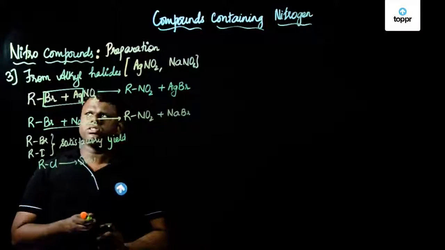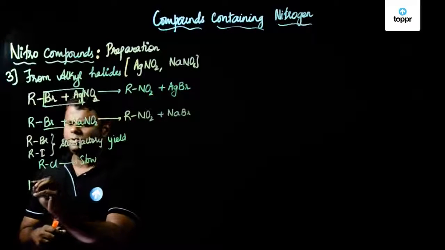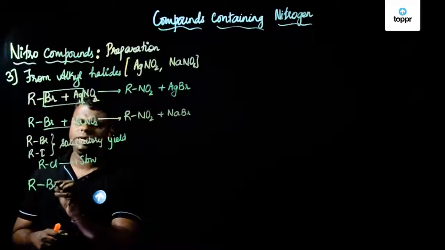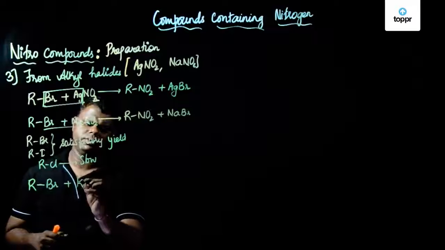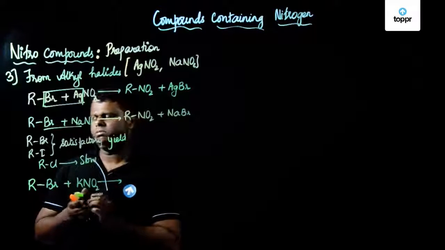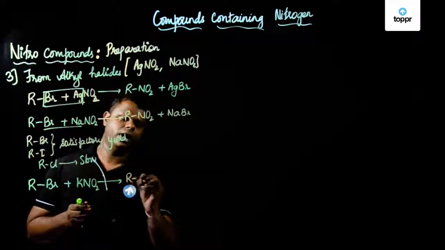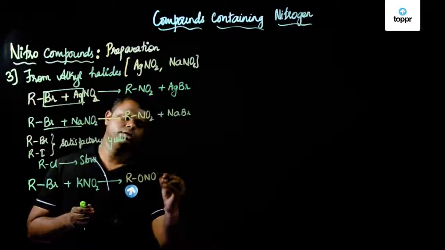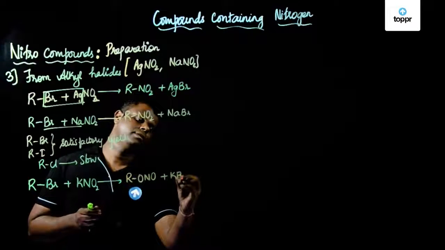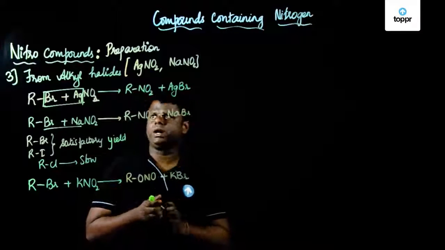So this was from alkyl halide. Now we can also use KNO2, but we don't get the same product. From potassium nitrite, it does not form a nitro compound. What exactly happens is you get RONO and KBr. So this was about preparation of nitro compounds from halides.